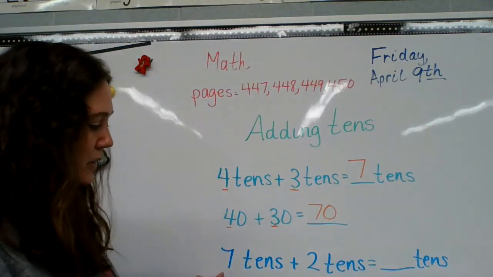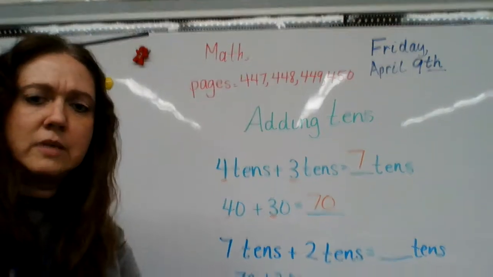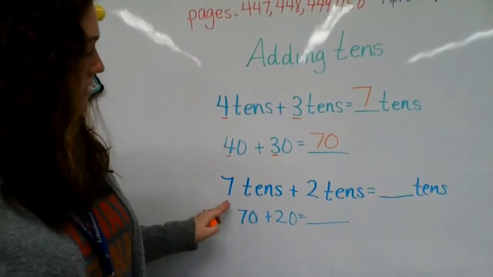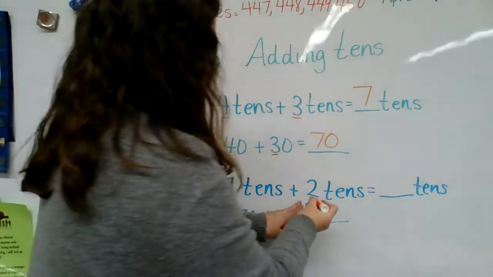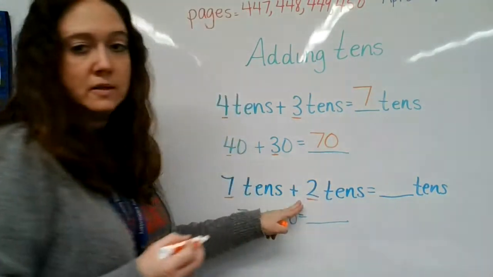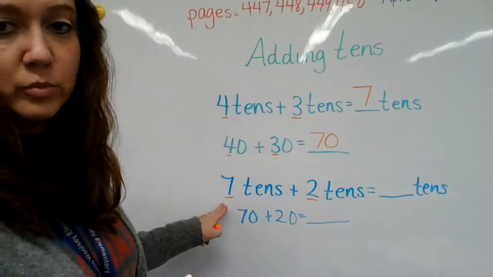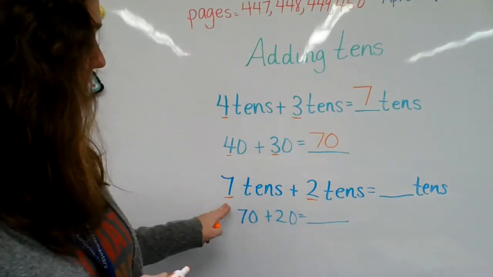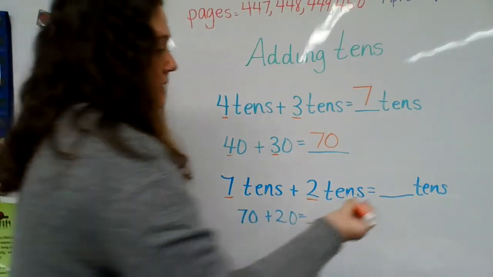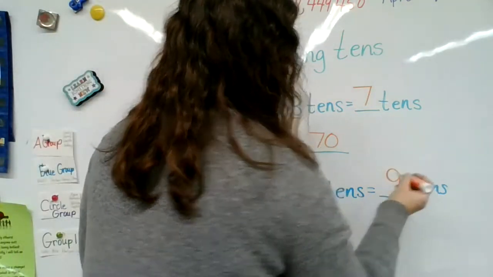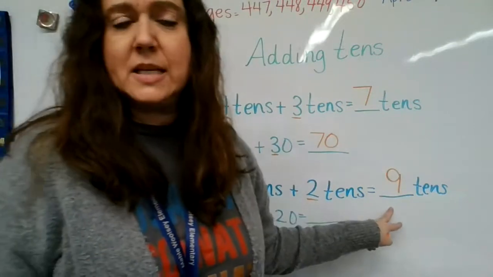So let's think about this one. Oh, it's going to be hard for you to see. 7 tens plus 2 tens. So we're adding 7 plus 2. I hope you remember 9 tens. What is 9 tens?